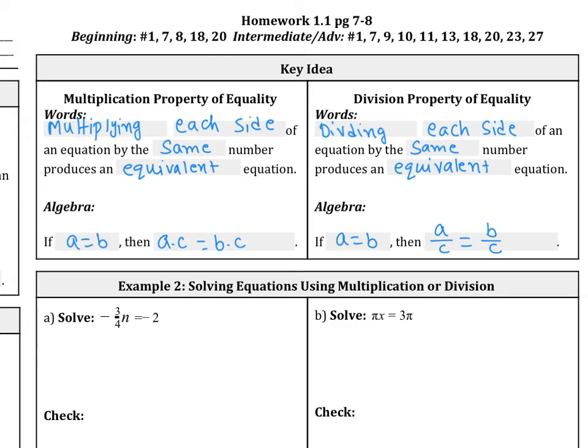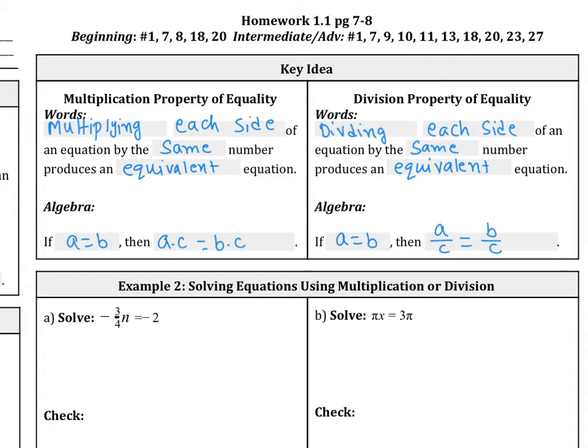So here are our notes for multiplication property of equality and division property of equality. Multiplying each side of an equation by the same number produces an equivalent equation. For example, if you have A equals B and we multiply both sides by the same number C, then we're going to get an equivalent equation.